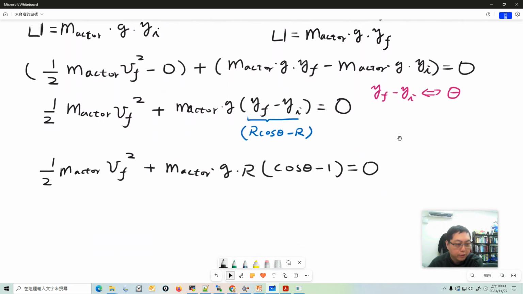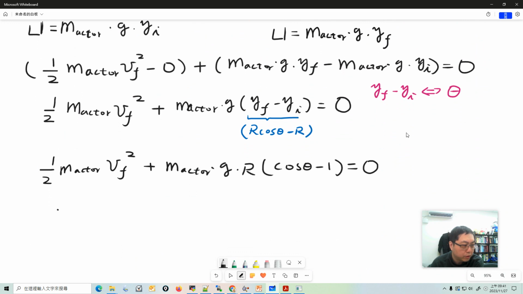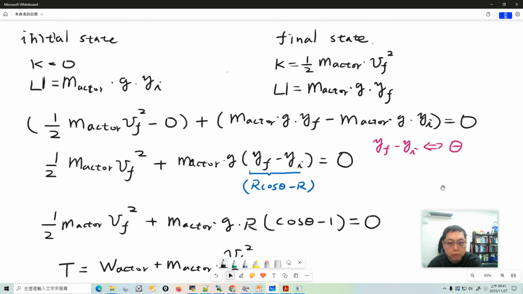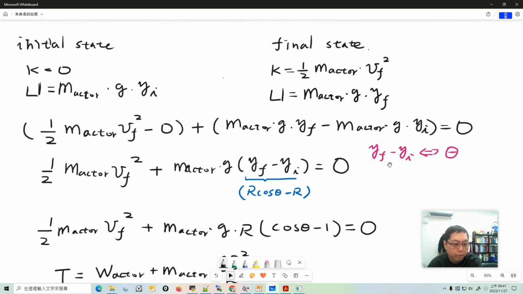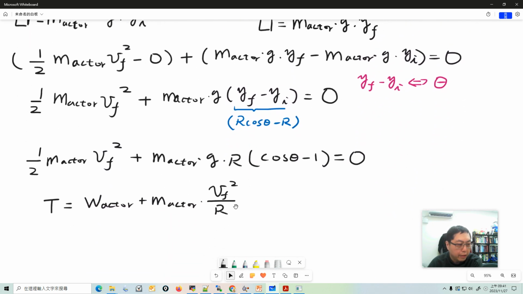So let's see, T equal to W actor plus m actor times R vf squared. Is that right? And W actor is actually m actor times g.